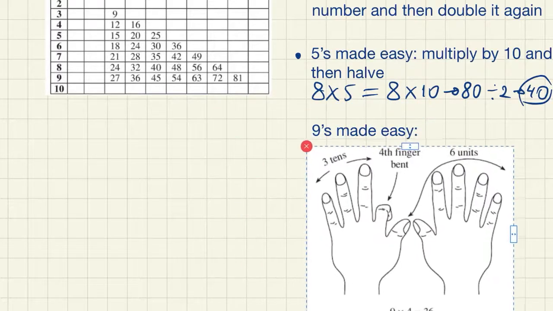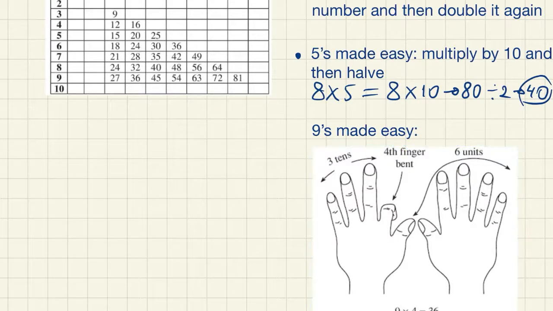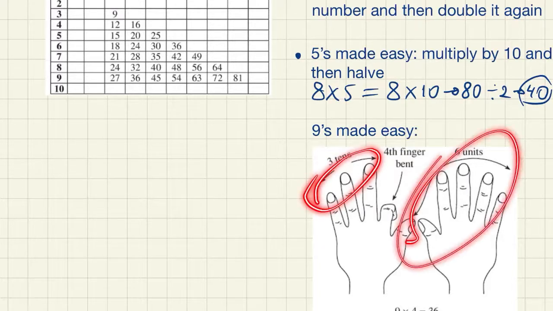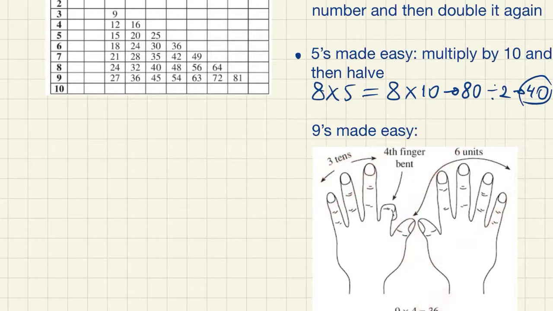What you can do to multiply by 9 is, for example, if you do 9 times 4, you take both of your hands out and you bend the 4th finger from left to right. You bend the 4th finger and then you have an answer right on your hands. You have 3 here and you have 6 here, which makes it 36.